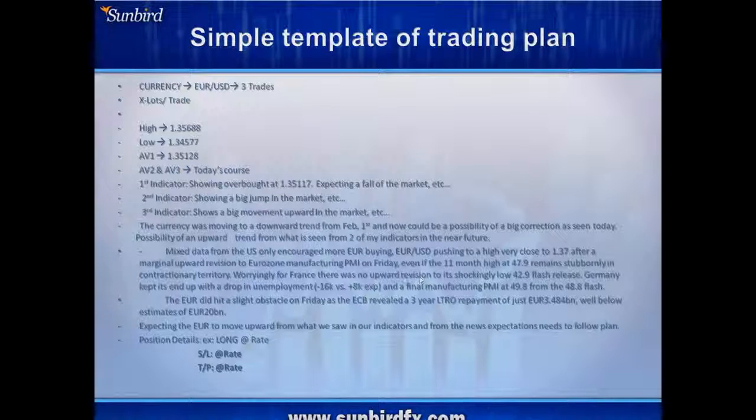There was an upward revision to its shockingly low 42.9 flash release. Germany kept its end up with a drop in unemployment, minus 16,000 versus 80,000 expected, and the final manufacturing PMI at 49.8 from 48.8 flash.